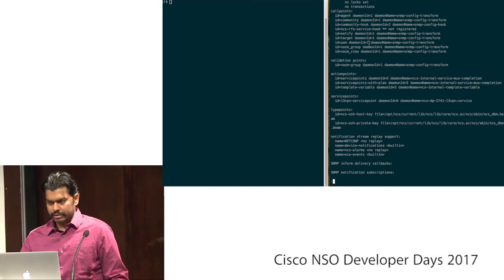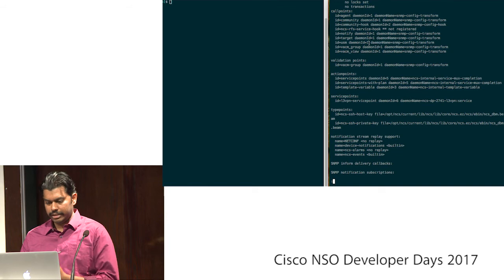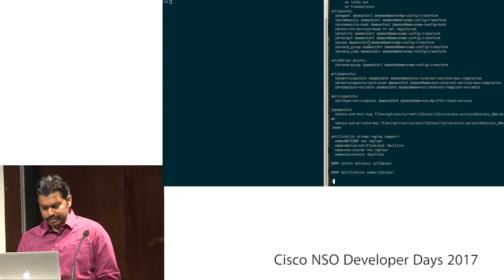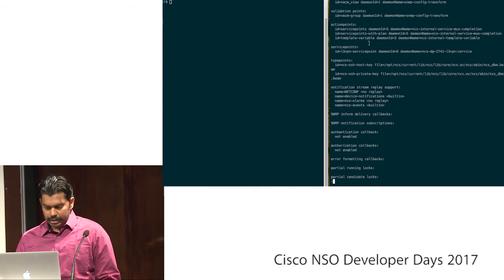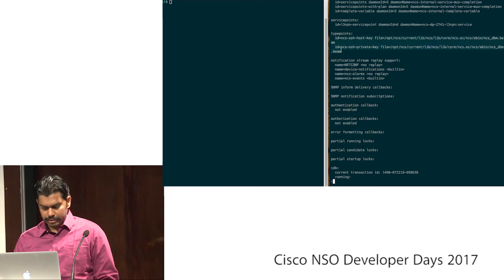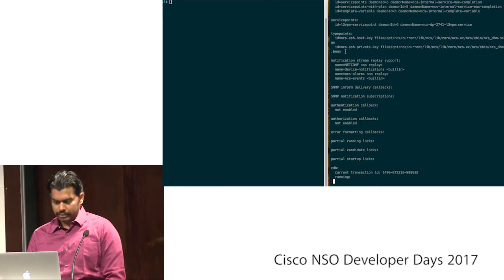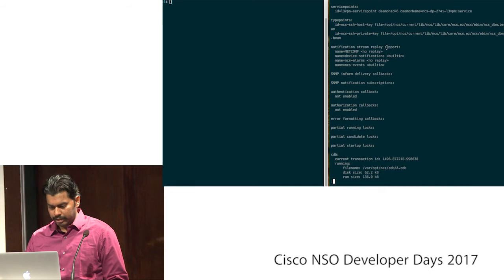You can look at the NCS log to see if all the models relevant to that call point are loaded properly or not. These are internal type points implemented by NSO. And if you have your own type points, they will be visible here as well.